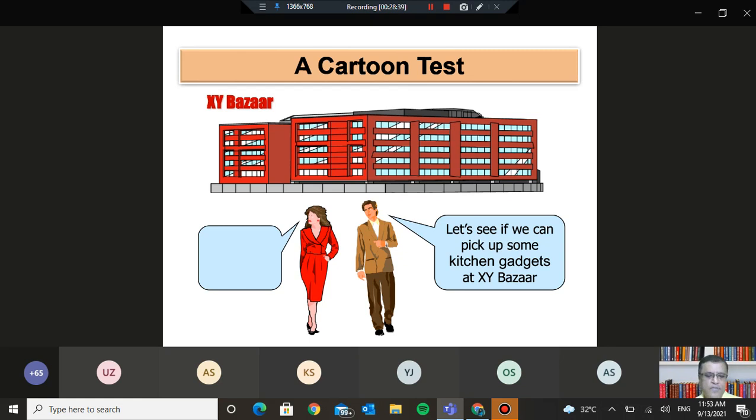XY, for the purpose of understanding, I've taken. It can be any organization which may be of interest to you, or regarding which some research is being done, or maybe a category of stores regarding which a study is being done by you. It's not necessary that you always reveal the name of that particular organization or retail outlet, but you want to find out in general what kind of opinion people have regarding these kinds of organized retail outlets.